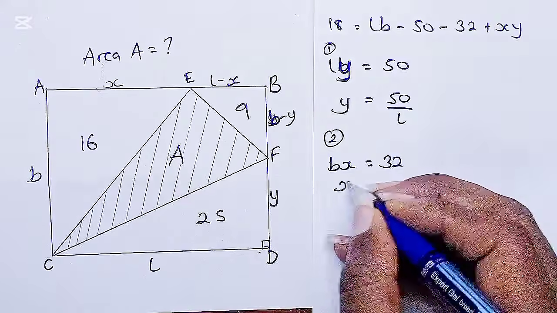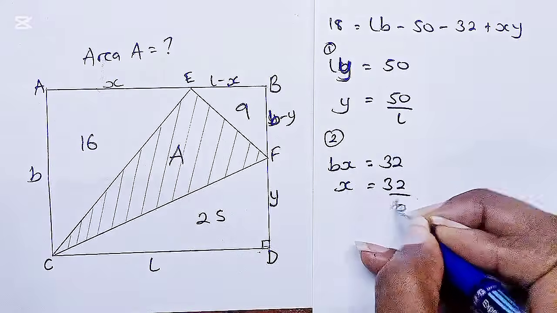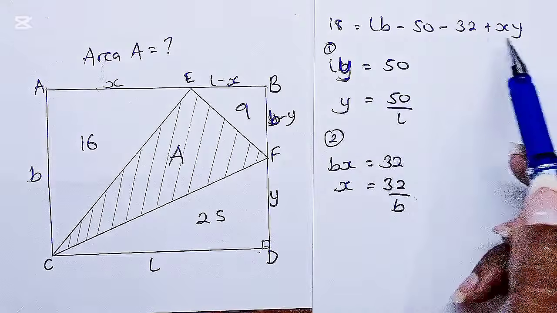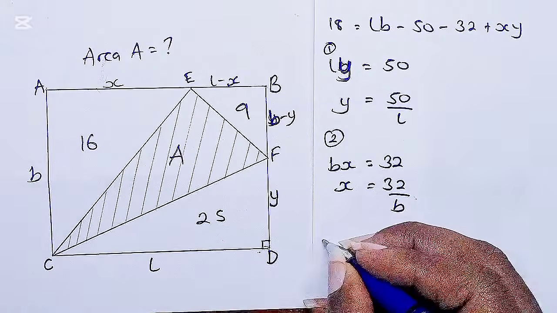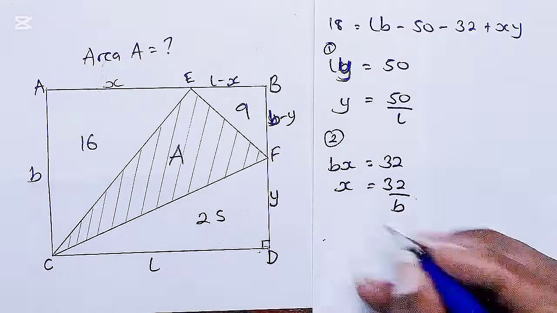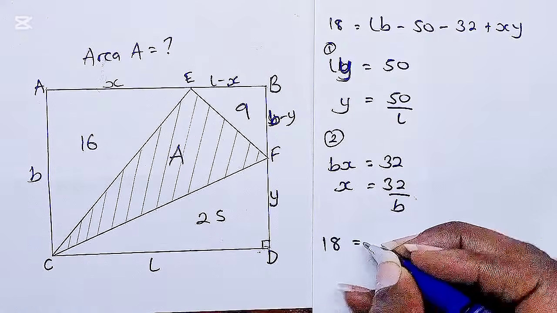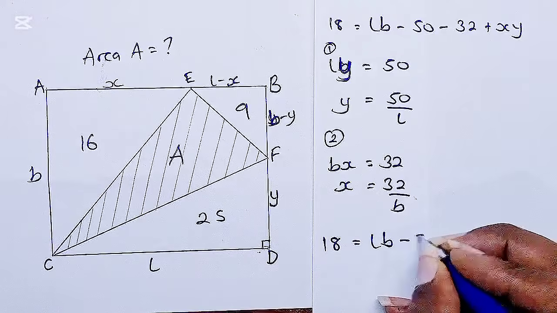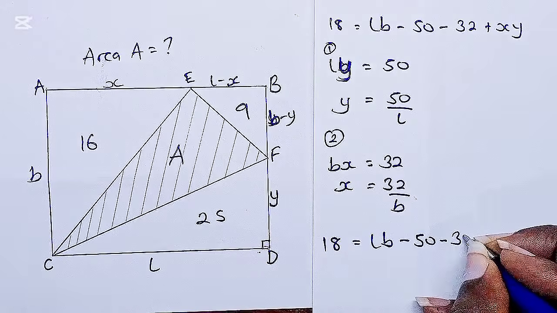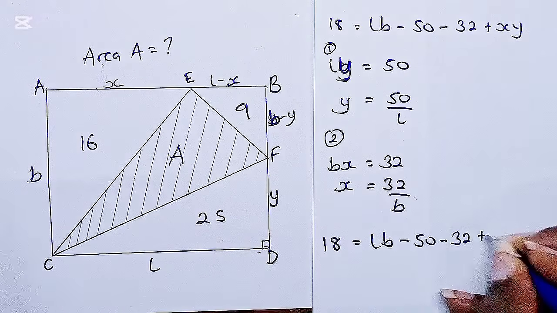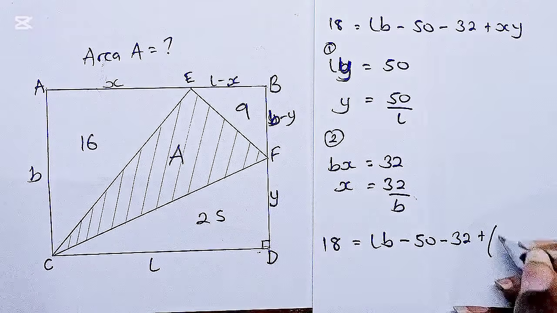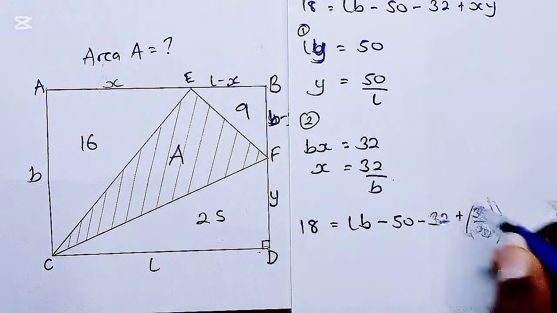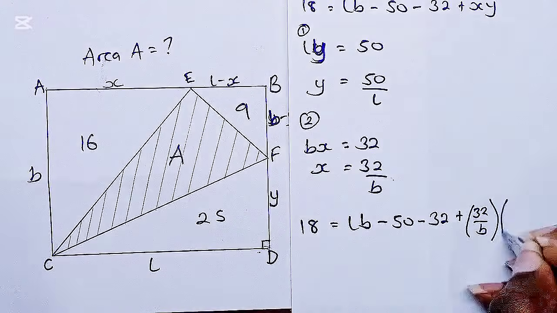Making X the subject, we have 32 over B. Replacing this in our equation, we have 18 equal to LB minus 50 minus 32 plus X, which is 32 over B, times Y, which is 50 over L.